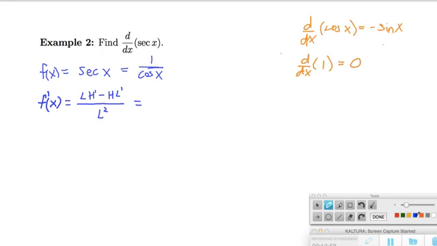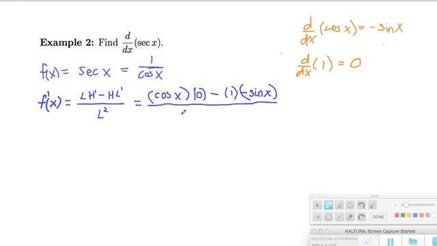So again, following the formula for the quotient rule, the low function left alone is just cosine of x. Derivative of the high function, that's derivative of 1, which is 0. Formula calls for subtraction after that. High function left alone is the number 1. And derivative of the low function, which is cosine of x, is times a negative sine of x. And this is all over the low squared.